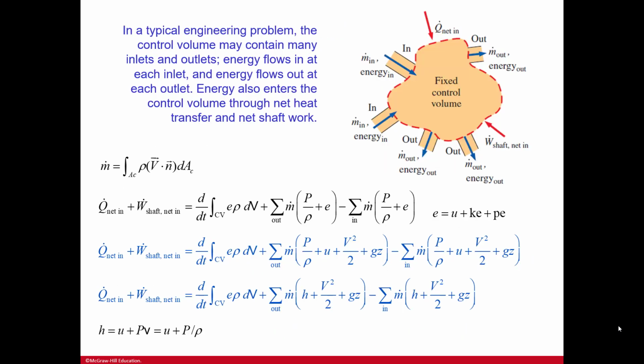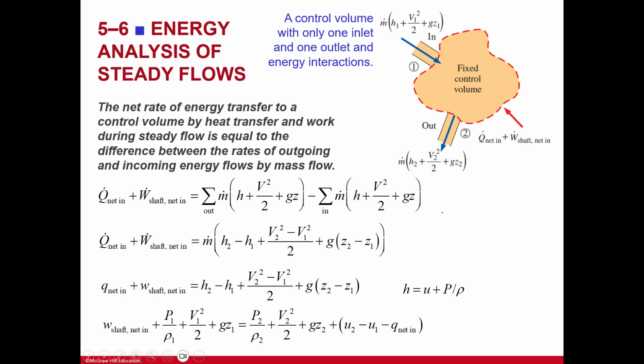So here's just a note in a typical engineering problem. The control volume may contain many inlets, many outlets. Energy flows in each inlet and outlet. Energy also enters the control volume through heat transfer and shaft work. And so you can just denote the sum of these in and out. Energy analysis of steady flows.